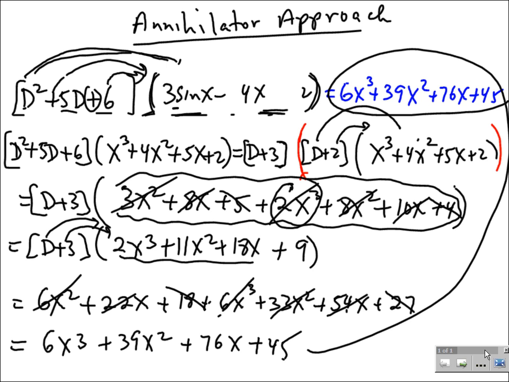I could take the second derivative of this and then add on 5 times the derivative of this and then add on 6 times this. And I'd get what I get. I hope you learned how to deal with linear operators.